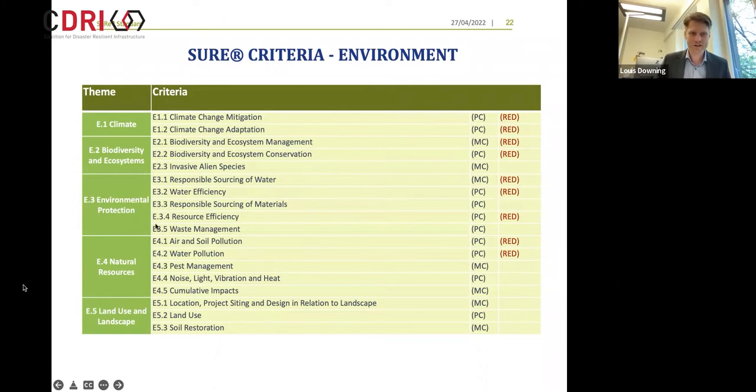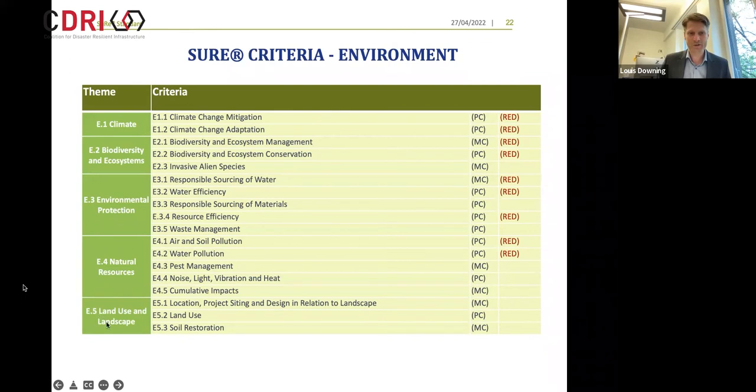Environmental protection then has 5 different criteria, a few looking at water, then also looking at materials, looking at resource efficiency, so how do we use those materials, and then how do we manage the waste coming out of it. Then natural resources, looking at air, soil pollution, water pollution, pest management, specifically what kind of chemicals are we using to control pests, then noise, light, vibration and heat and cumulative impacts.